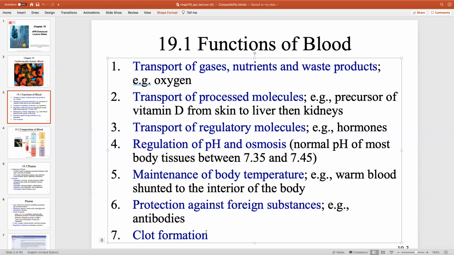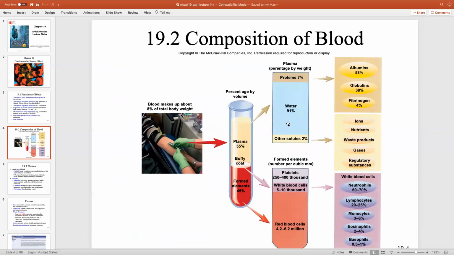Clot formation is the last part of the function of blood. Now, when we take that blood, this is whole blood that we've removed from your body right here. Most of you have gotten a blood draw before. Next time you get a blood draw, I want you to look to see if the bottom of the test tube has a thick film of some kind of gel on the inside, right?